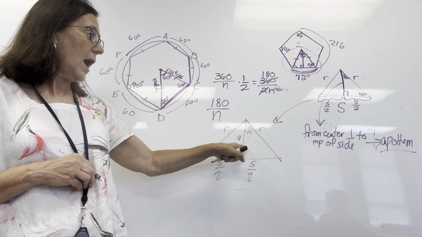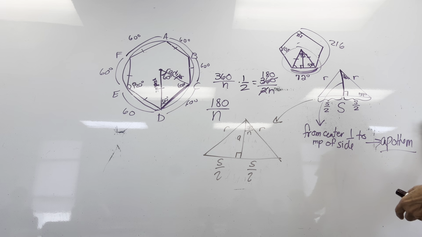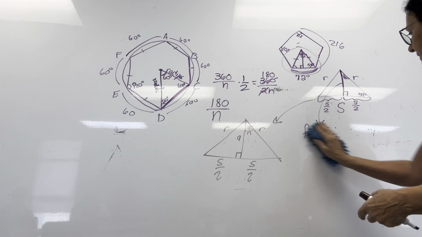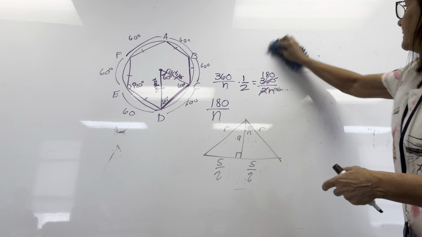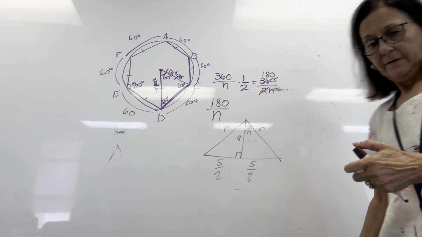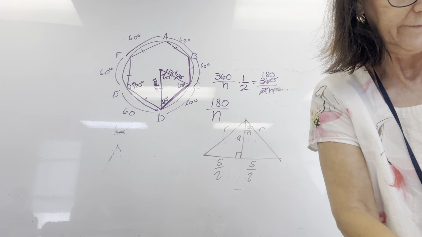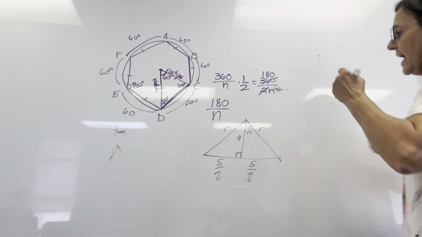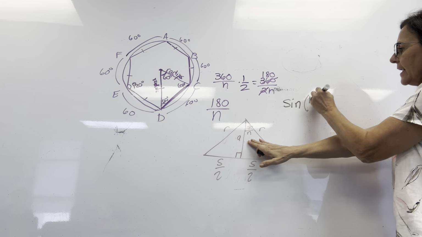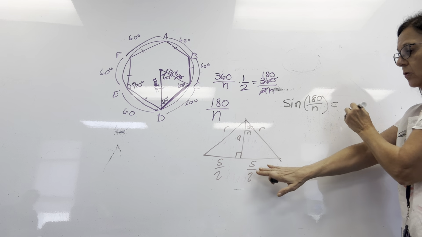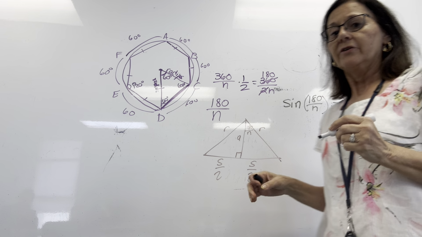All right, so I could write an equation. Okay, I'm going to erase this. Are we good to erase this? I could write an equation for the sine, and I could say that the sine of that 180 over n equals half of the side times the radius.